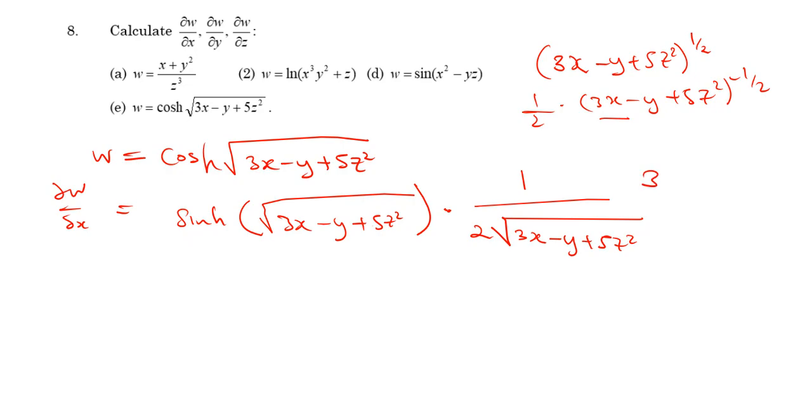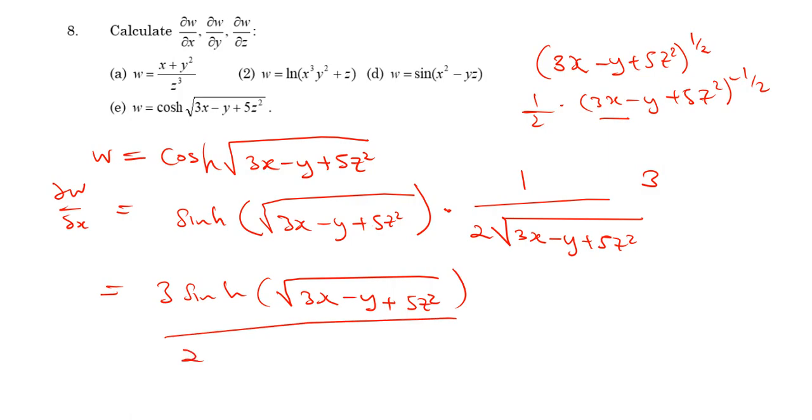So to clean this up, it looks like 3 sinh of the square root of 3x minus y plus 5z squared, then divided by 2 times the square root of 3x minus y plus 5z squared. So this is what I'm going to get.